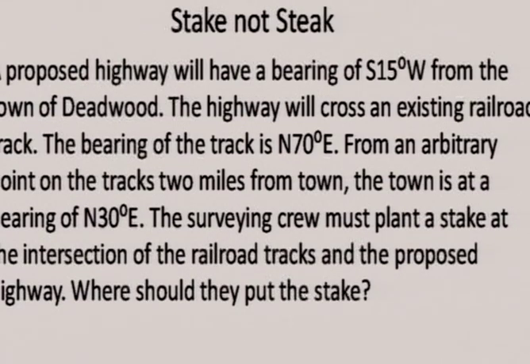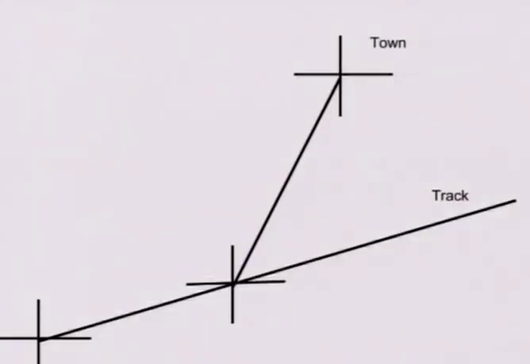Okay, now as we look at this, I think we've got to separate it out a little bit. So let's start with just one piece of information. It says the proposed highway will have a bearing of south 15 degrees west from the town of Deadwood. So if we take a look at this for a minute, I've indicated a little bit about the town and what we've got going on there.